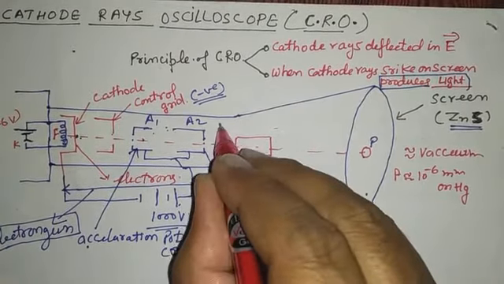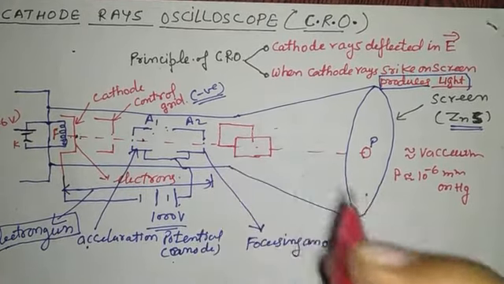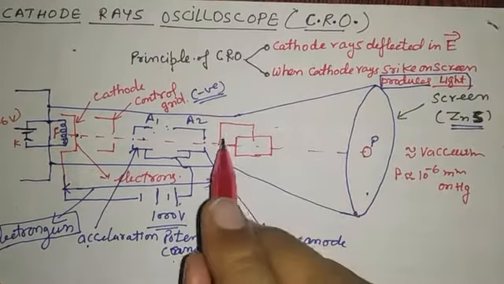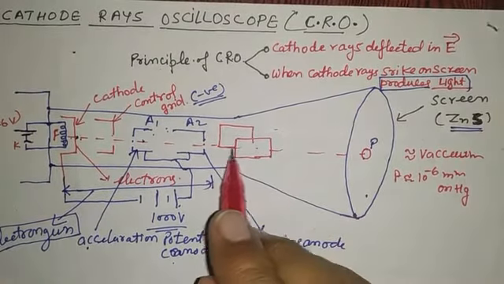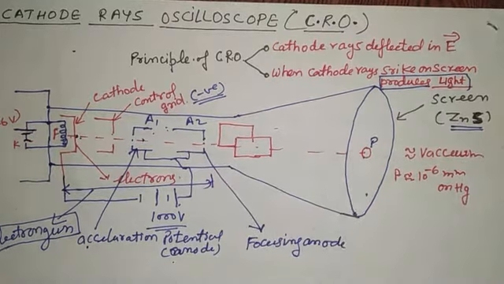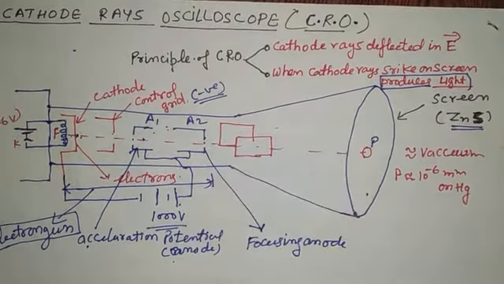One pair of plates is in the horizontal direction. The two pairs of plates: the XX plate, it is called.